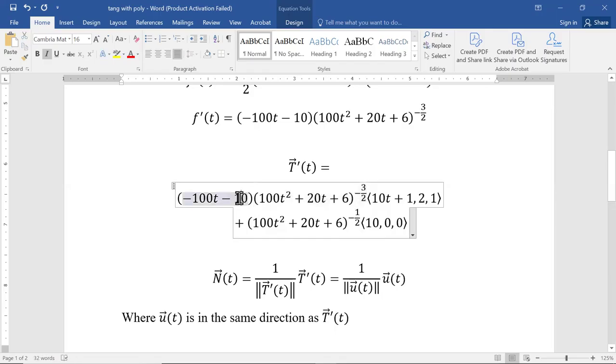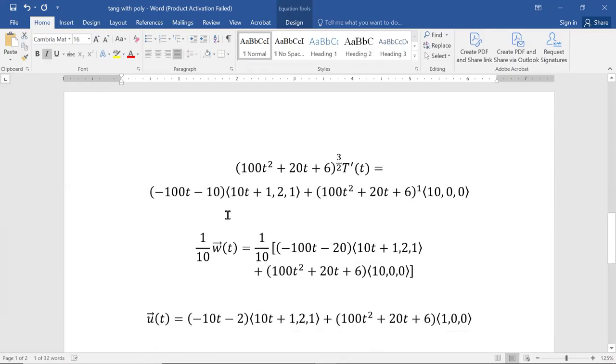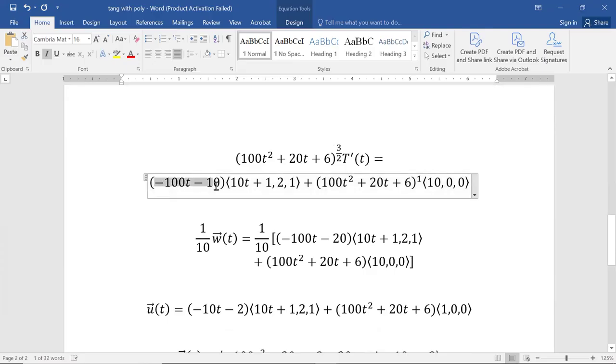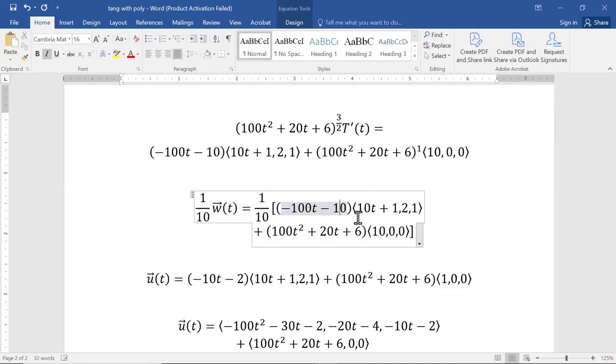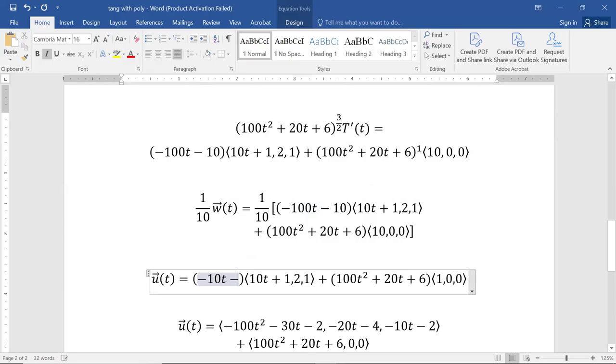But this part was not changed. So I can go back and fix my mistake there. And then when I multiplied this vector by 1/10, I can change my mistake here. And 1/10 times this would have given me a -1.